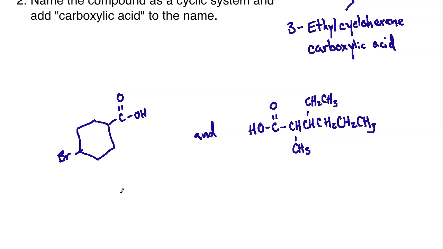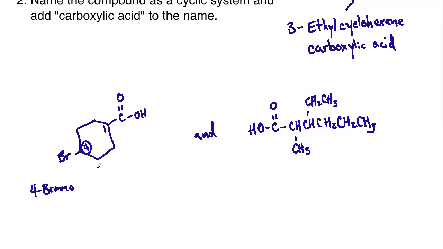Okay, so hopefully you had a chance to do this. If you take a look, this is going to be position 1 for the cyclic system. So if I continue forward, it would be 2, 3, 4 or 2, 3, 4. Either way, it doesn't matter which way around the ring I go, I'm dealing with position 4 there. So when I get ready to name this, I'm going to start with the substituent, which is going to be 4-bromo.